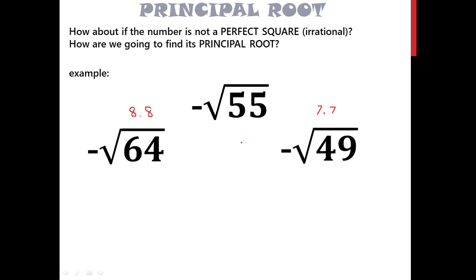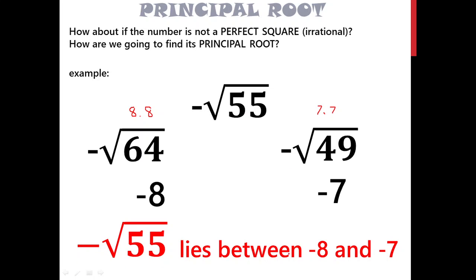Therefore, the square root of 55, since the square root of 64 is 8, which is negative because of this sign, and then the square root of 49 is negative 7, okay? The square root of negative 55 lies between negative 8 and negative 7. Now, I know that earlier I said that the principal root should be a positive number.